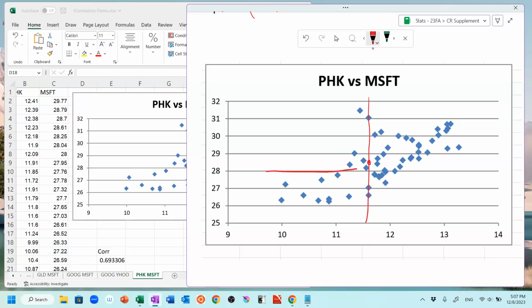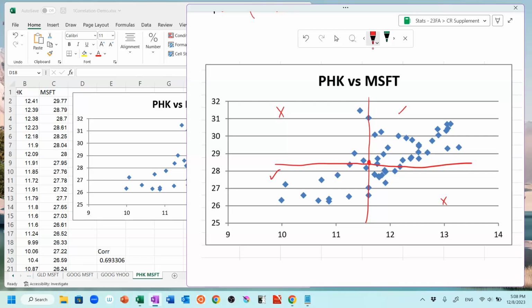And I'll draw a horizontal axis. Now, if I have my origin, the center, the intersection of my two axes, roughly in the middle of the data, both vertically and horizontally, if they have a positive relationship, so if the line slopes up, that means I'm going to have more data in the first and third quadrants and less in the second and fourth, right?